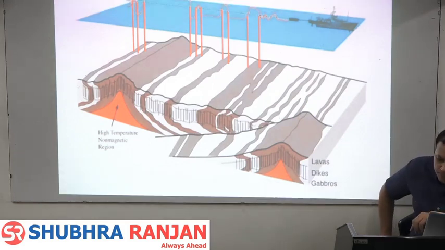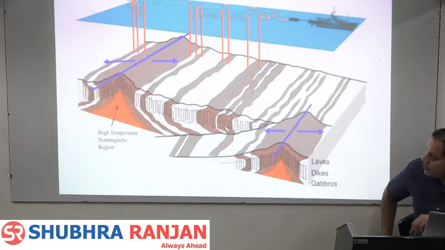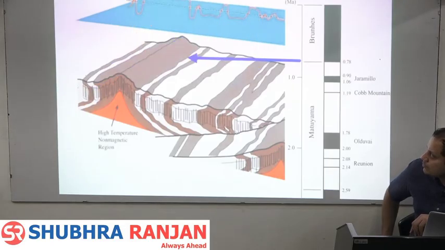How? We have to first find the center of symmetry. This is the center of the ridge. Now we start at the center, where we know the rocks to be the youngest, newest rocks. And as we move outwards from the center, we can correlate each anomaly boundary with the known dates for when Earth's magnetic field has switched. For example, in this image, we see that the most recent flip happened about 700,000 years ago.